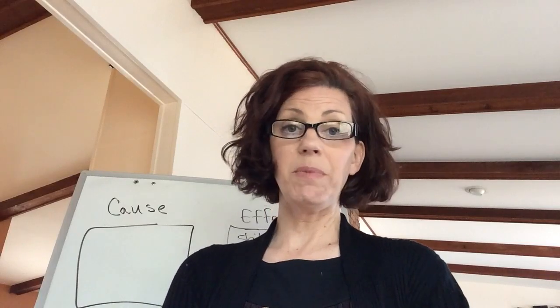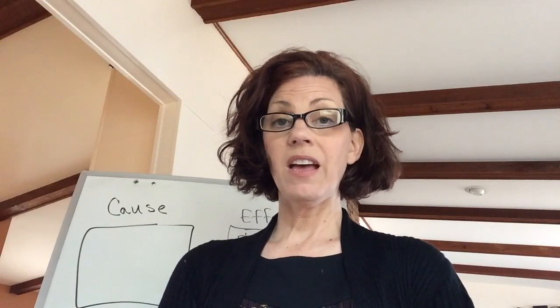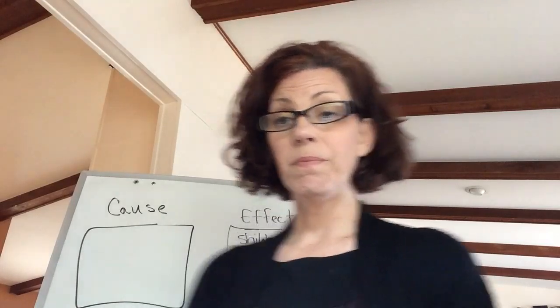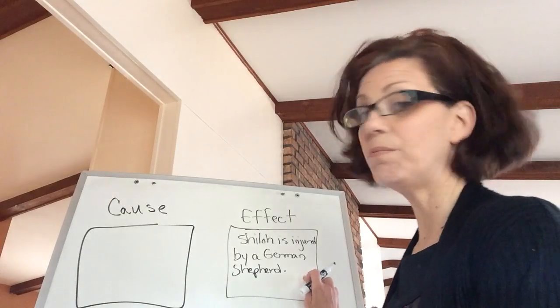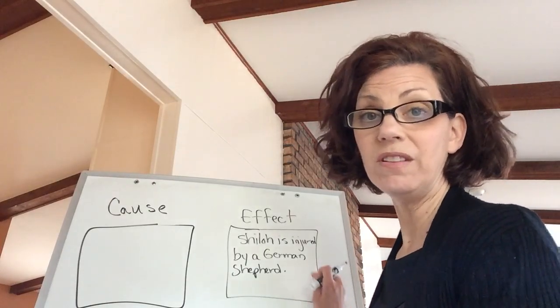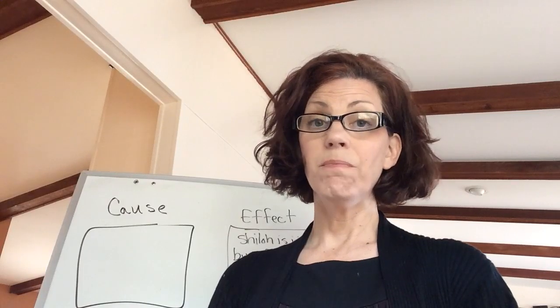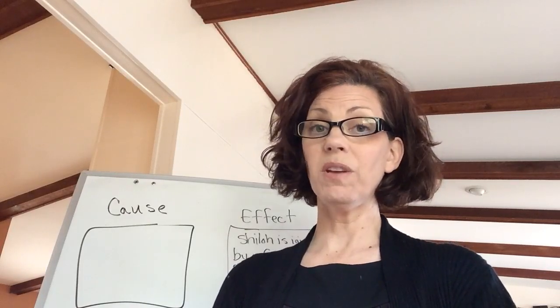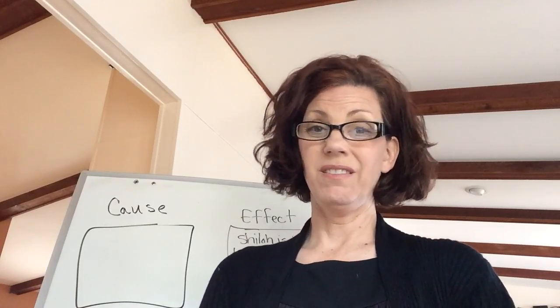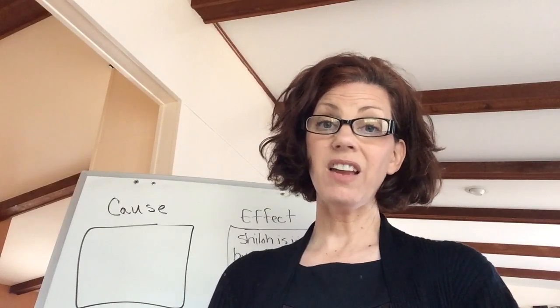Shiloh could have been attacked by a wolf or a coyote, anything that would live up in the mountains. So Marty, remember, is not making wise decisions. And the effect of Shiloh being attacked by the German Shepherd, that's Marty's fault. Marty shouldn't have taken the dog in the first place and kept him in an unsafe kennel.